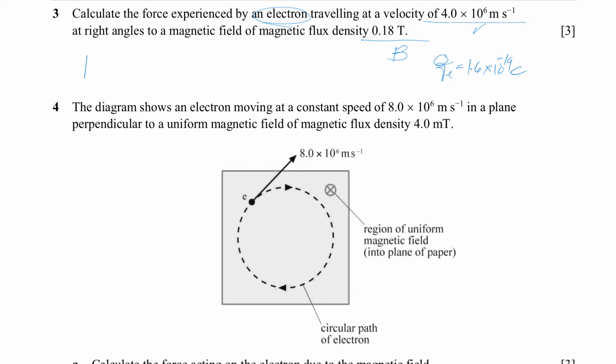Calculate force. Magnetic force is F is equal to Q times the velocity times the magnetic field. Using this, you can get 1.15 times 10 to the negative 13. It's a force, it's Newton. That's it. Let's go to number 4.